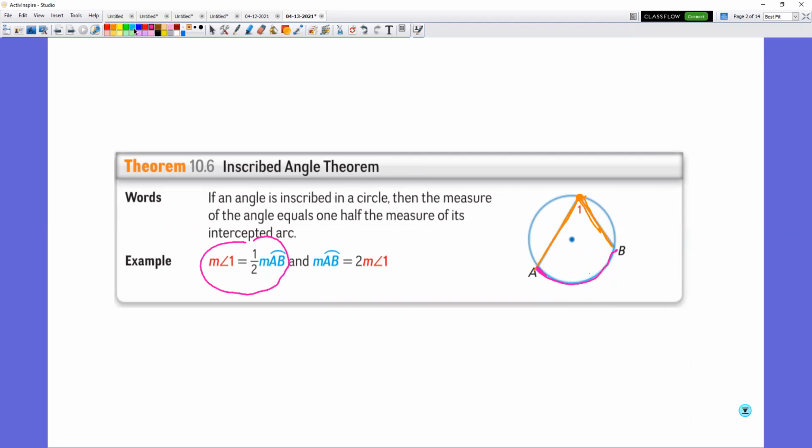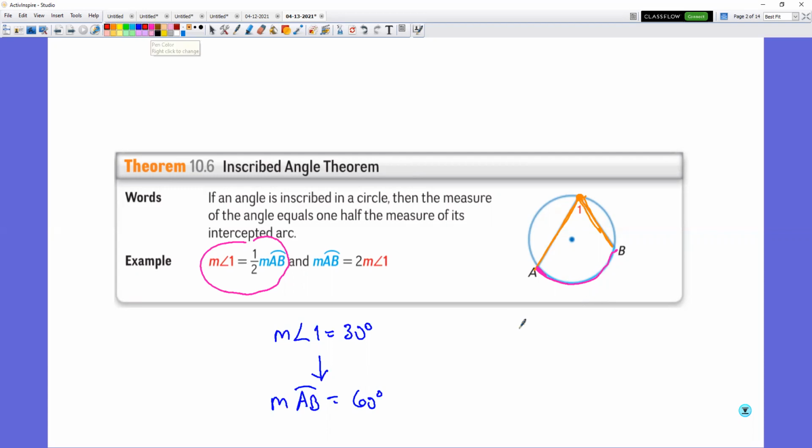Just real quickly, to show you what we're doing here, if angle 1 in this picture was 30 degrees, then the measurement of arc AB would be 60 degrees, because the inscribed angle is half of the measurement of the arc that it's intercepting.